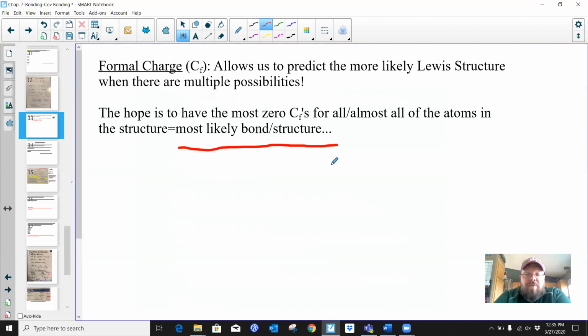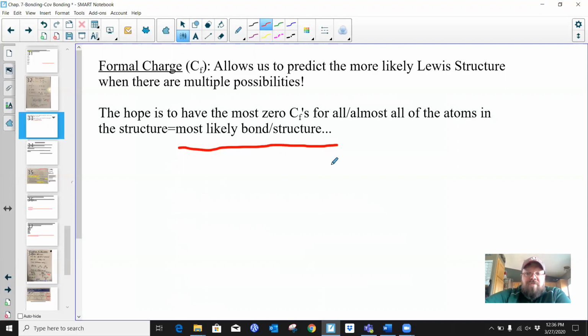And a 0 value designates that the electron distribution is correct according to the number of valence electrons it has originally, as well as the number of electrons it has the potential to want to share. Another way of saying that is, how many bonds does it want to make?